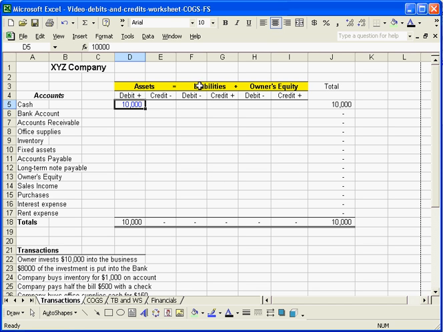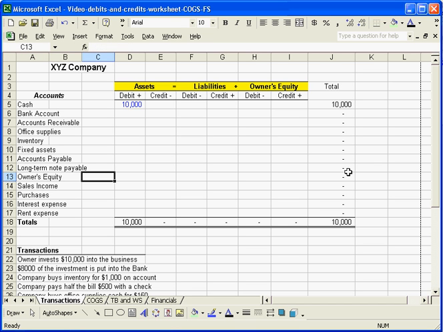That means that on this side of the equation we have to put an entry in so we can balance the equation. What we do is look at these accounts and ask, what is it that increases our cash, but what does that do to the other side of the equation? Over here we have the account called owner's equity.